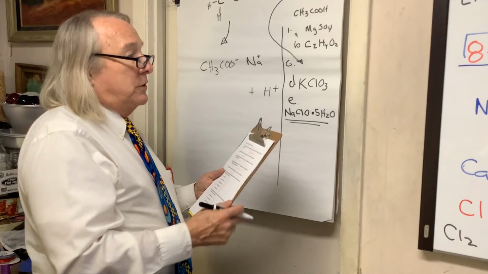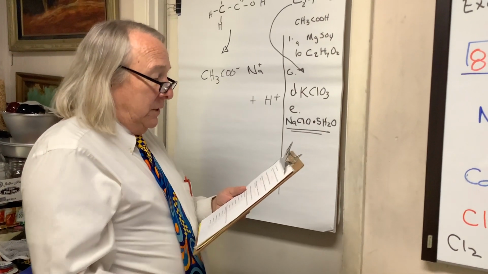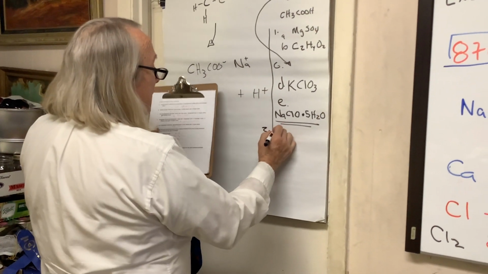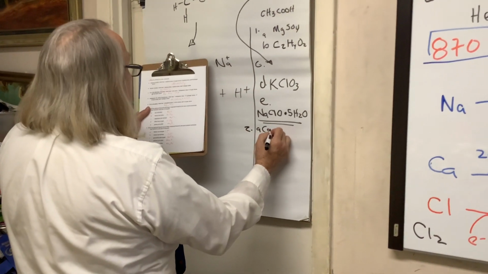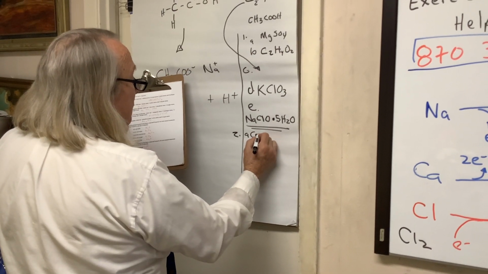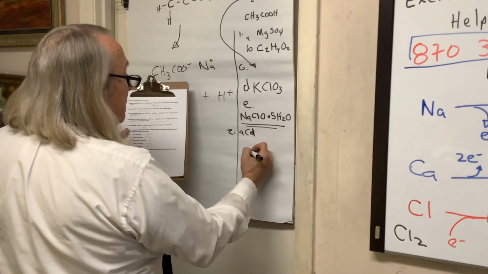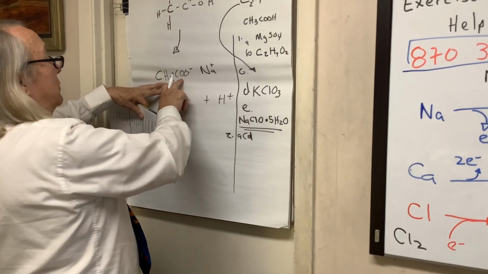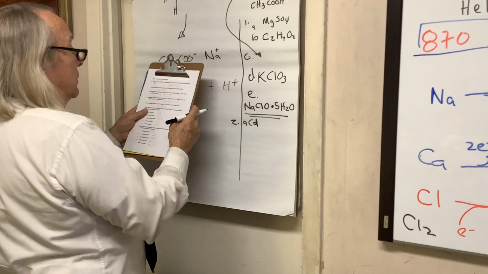Number 2, it says write the formula for each compound. Calcium acetate, so this is number 2. And A, calcium acetate, is cadmium acetate. I was looking at it. Cadmium is Cd, and acetate is this, CH3COO-.